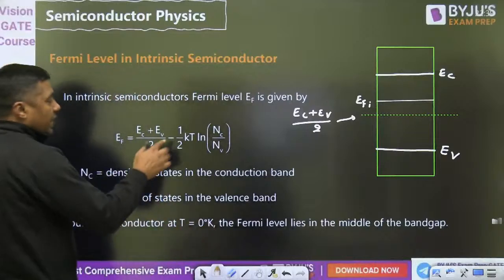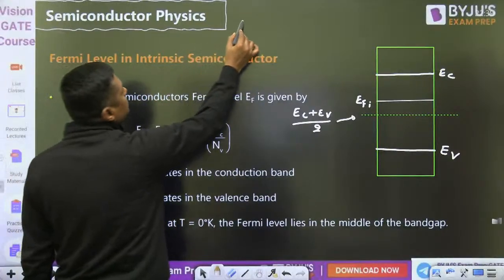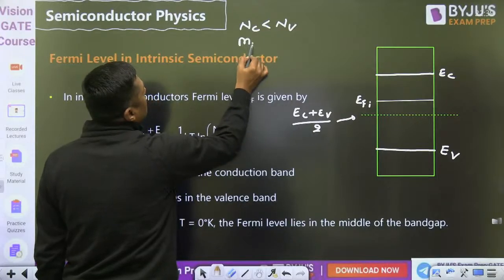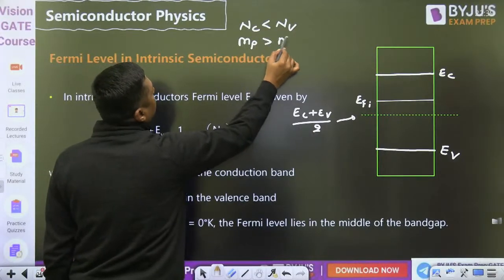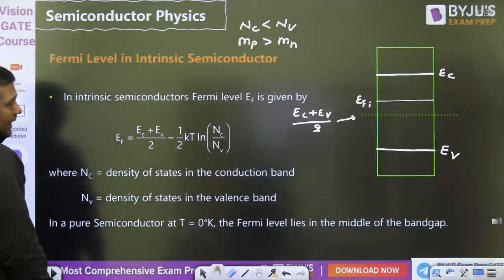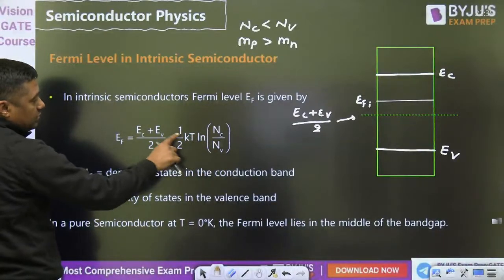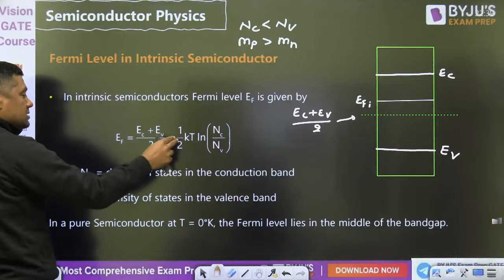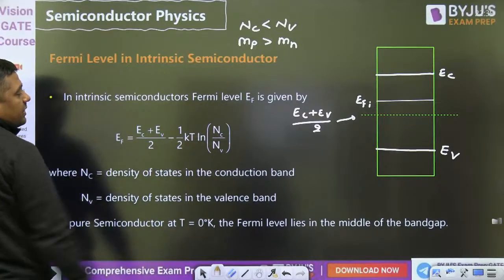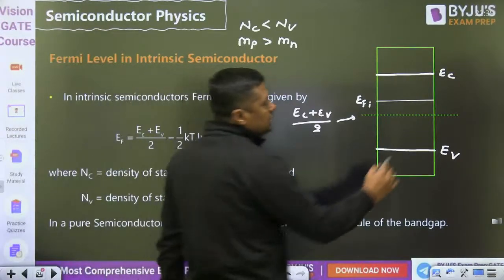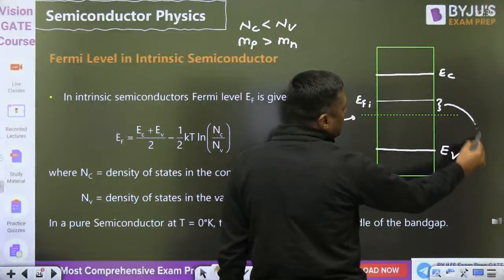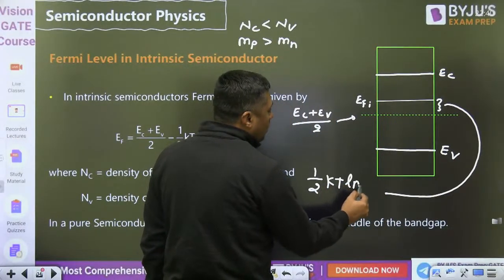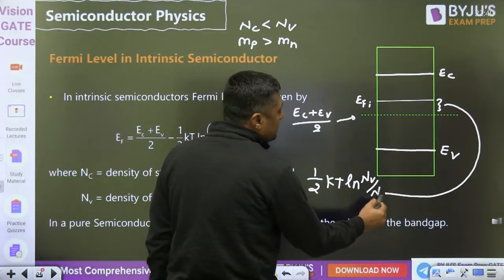Why? Because NV is greater than NC, remember, or NC is less than NV, because the effective mass of hole is greater than the effective mass of electron. This quantity is NC by NV, so it becomes plus. So EC plus EV by 2 plus half of KT log of NC by NV. That gap is actually half of KT log of NV by NC.